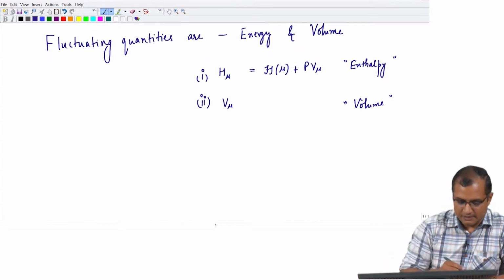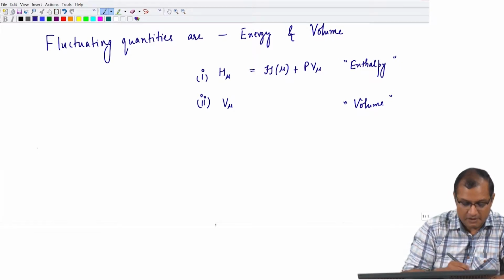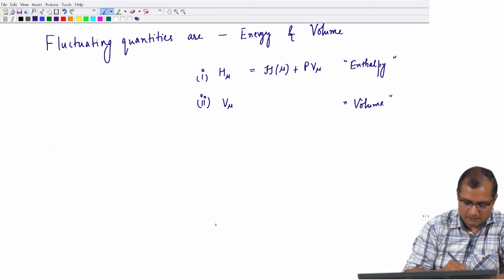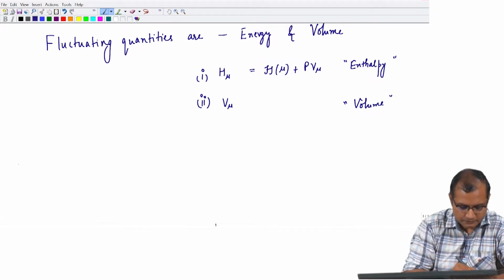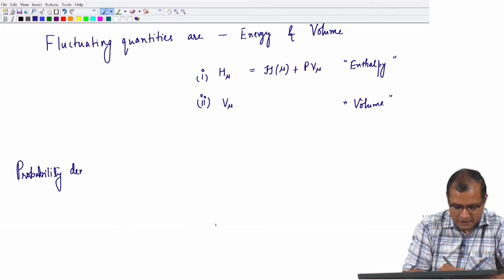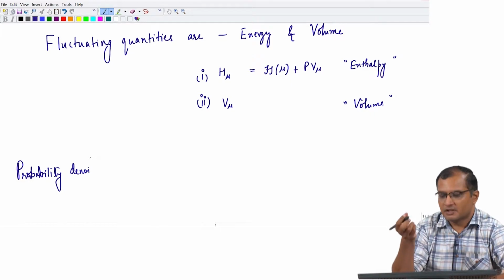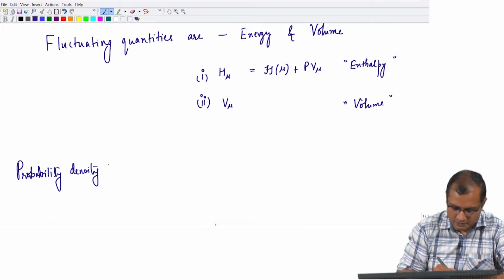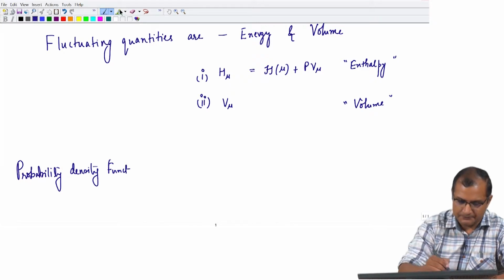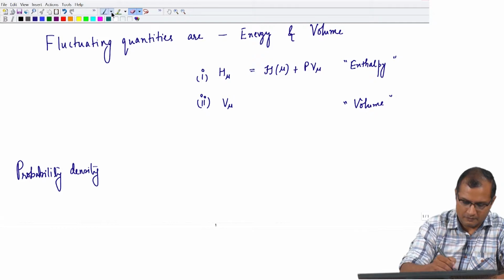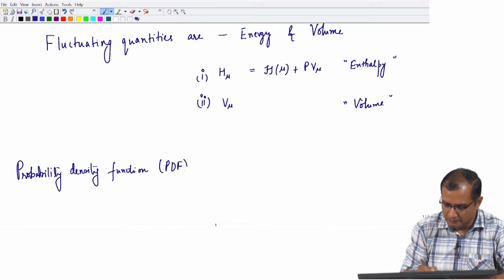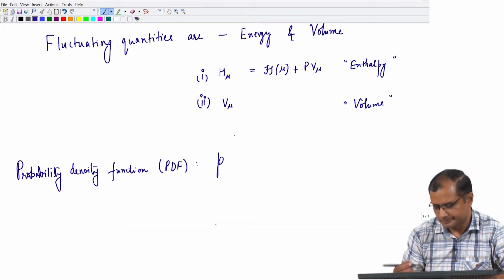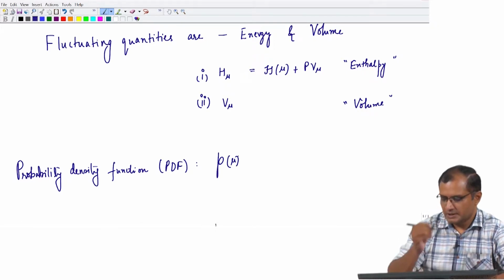Now, the ideal gas in the canonical ensemble, Gibbs canonical ensemble, can be specified by a probability density function which has to give the probability of finding a microstate in the vicinity of mu, and that is given as P of mu.